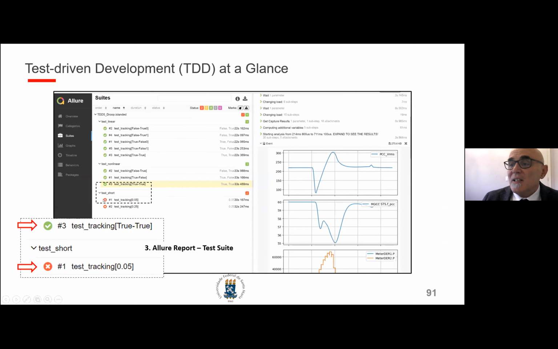We are interested in those tests. Here is for island mode. The first one is the linear mode, then nonlinear mode, and short circuit. There are two cases for the short circuit: a short circuit of 500 milliseconds and a short circuit of 205 milliseconds. The same test is applied for all controllers that we have described before. So the idea is that we just look for the one that fails.